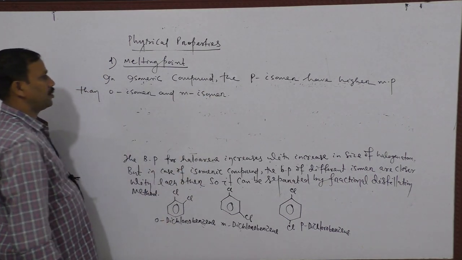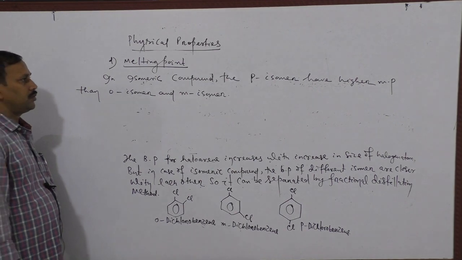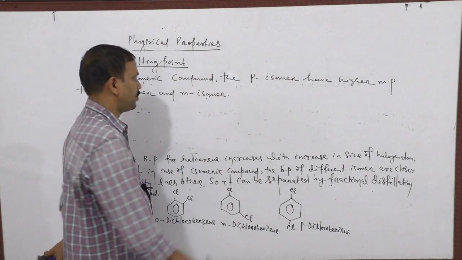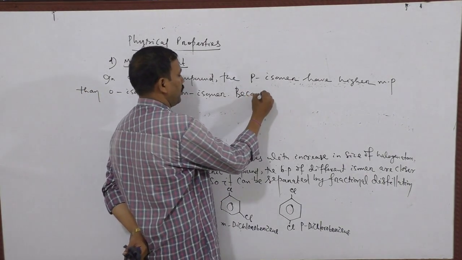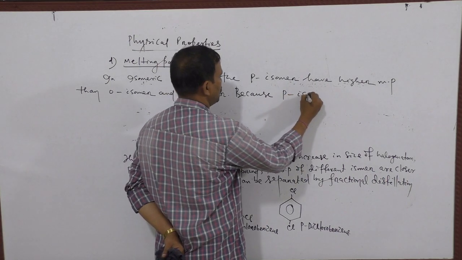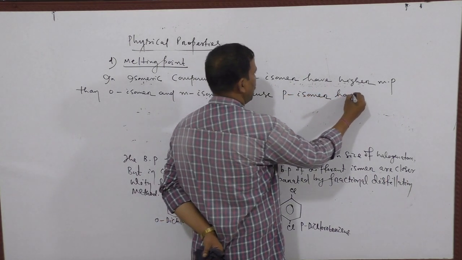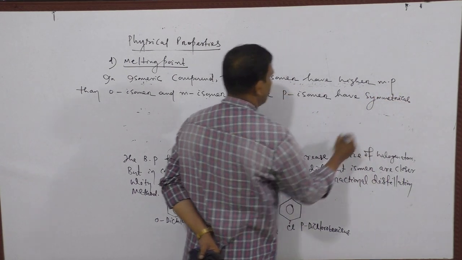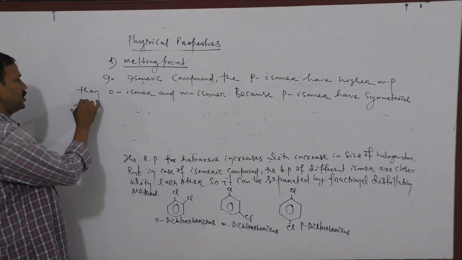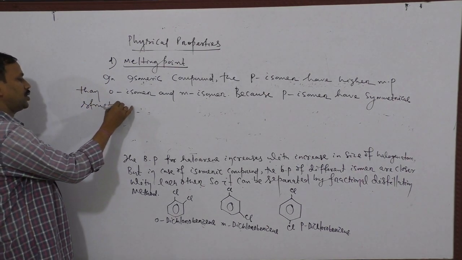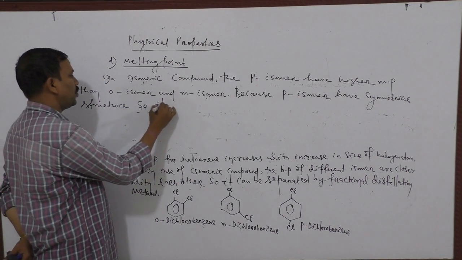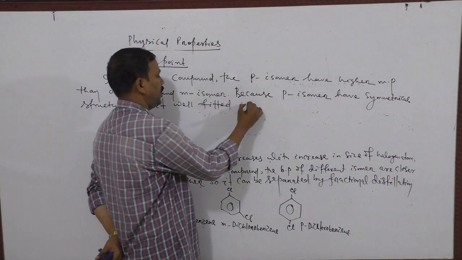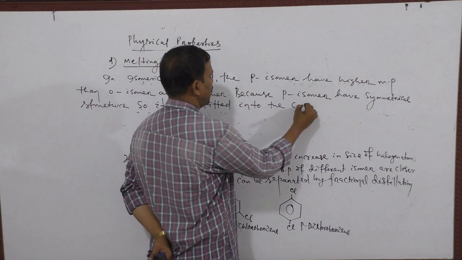Why? Short question one. Why para isomer has a higher melting point than that of other? Because para isomer has symmetrical structure. See the symmetrical structure, so it will fit into the crystal lattice.